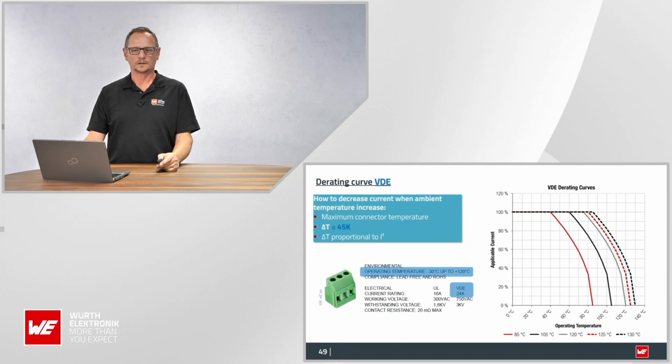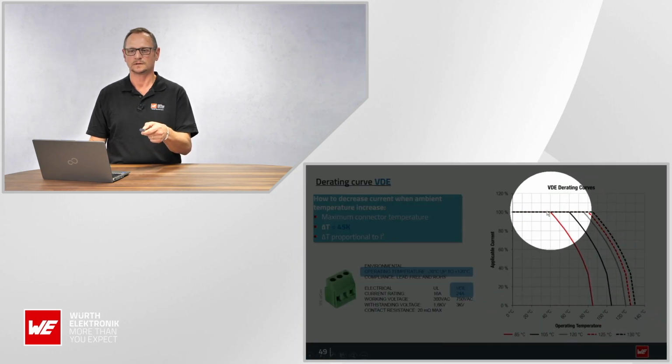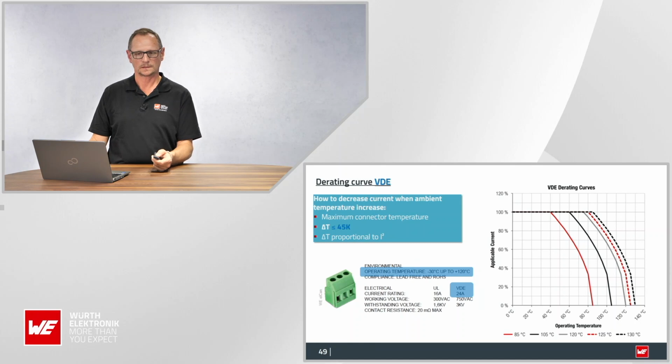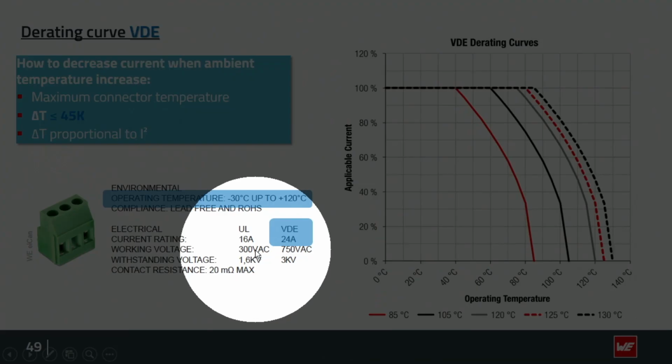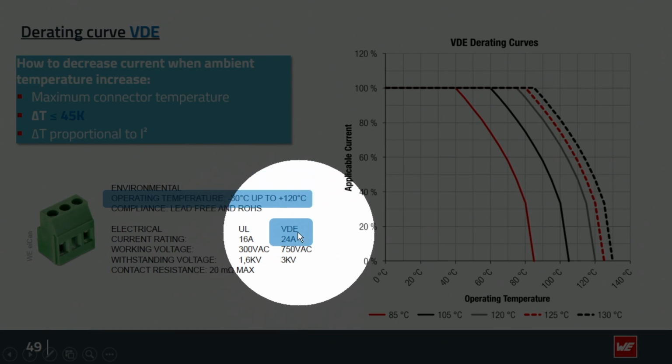So same thing with another connector. This is going up to 120 degrees, so we have to choose the 120 degree scale again. The cable is limited once again, so we want to find out. And what's good to see here is that you see two different types of current ratings. You see one for UL and one for VDE or IEC. That's equal.